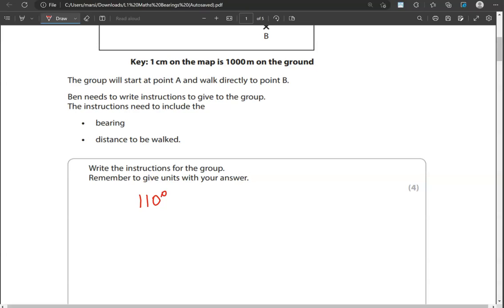So we said it was 6.5 centimeters on the map, and the key tells us that 1 centimeter on the map is 1,000 meters on the ground.